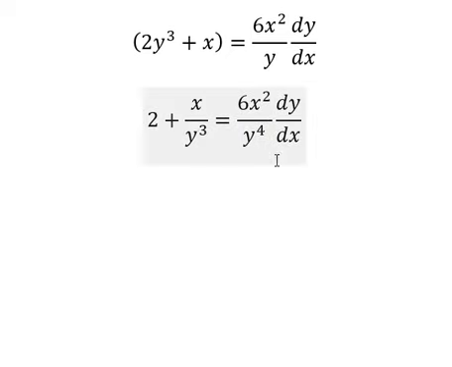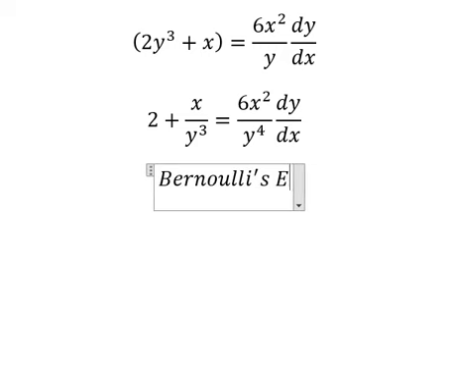So we have 1 over y to the power of 3 and 1 over y to the power of 4 dy over dx. This one is about Bernoulli's equations.